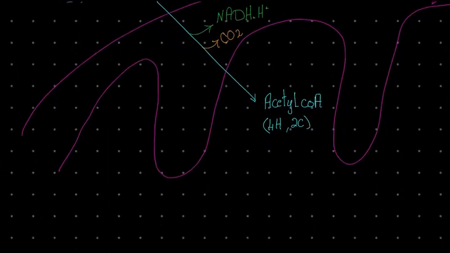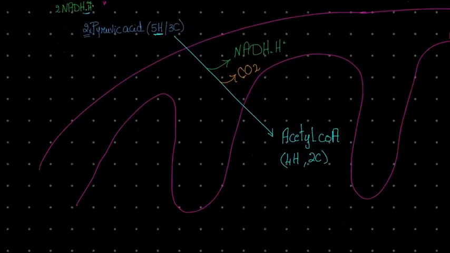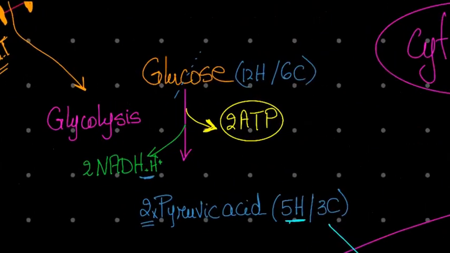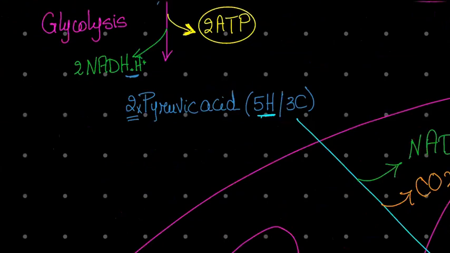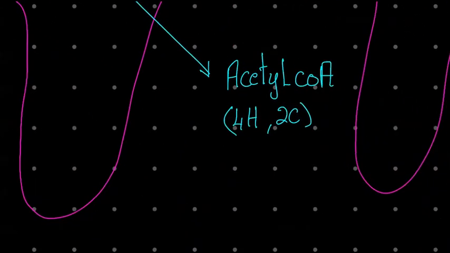So how many acetyl-CoA do you have from a glucose? What we're concerned here with is the breakdown of the glucose. So you did split the glucose into 2 pyruvates. Each pyruvate is going to be transformed into acetyl-CoA.